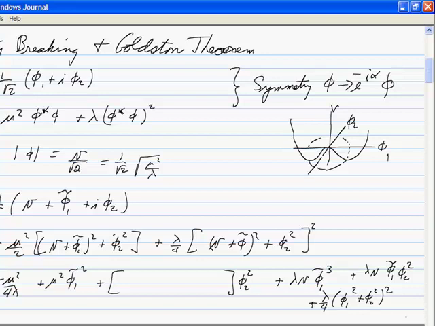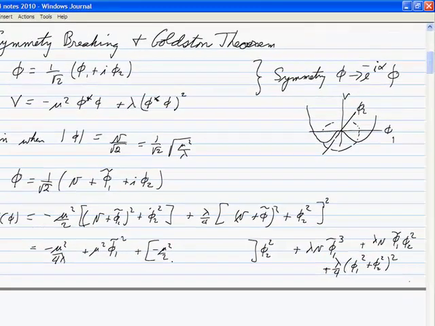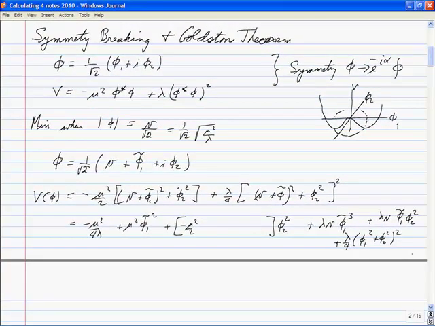Well, one of them comes out of here. It's minus mu squared over 2. And the other piece, I just want phi 2 squared times the constant. So there's a v squared there, phi 2 squared. When I square that, there's a 2 v squared phi 2 squared.